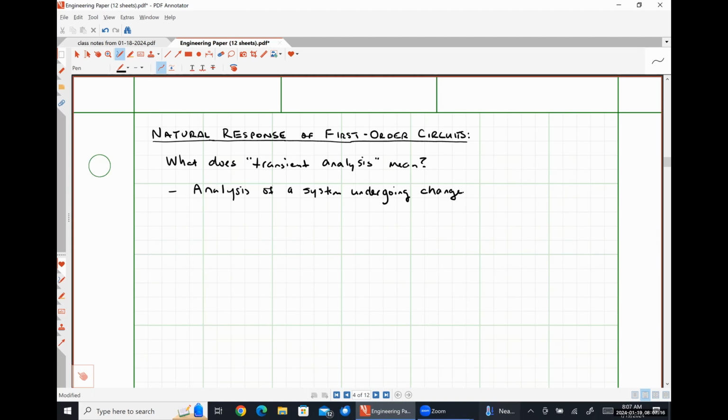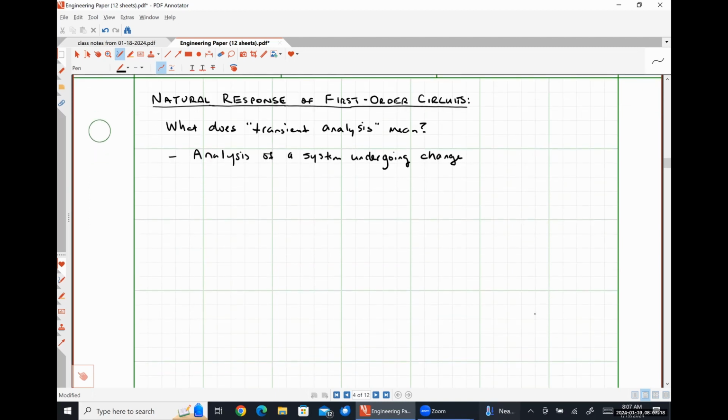Okay. So let's start by looking at a circuit containing a resistance and an inductance. So we might have something like this.